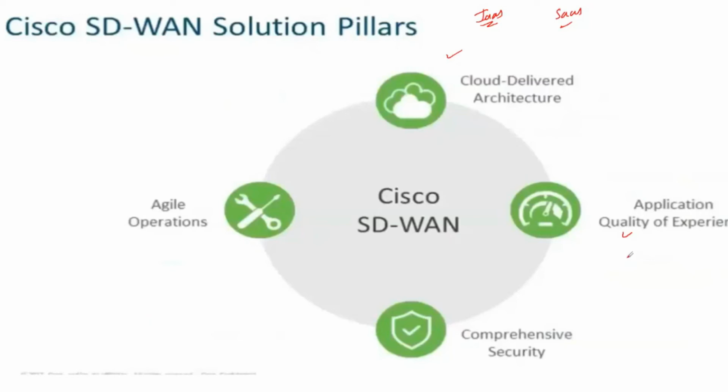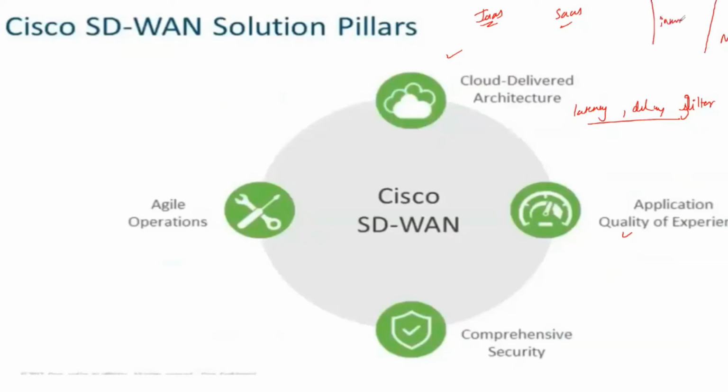Not only that, but it also keeps track of the performance of the links, like the latency, jitter, and delay. All those parameters your SD-WAN will monitor. Say I have two transports, one is an MPLS line and the other is an internet line.